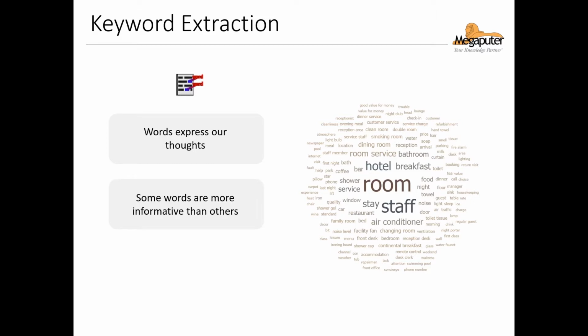And while the linguistic structure of a language dictates certain words may be more prevalent in the text, the fact is, some words are more informative than others, especially when it comes to capturing the overall themes. And we also know that determining which words are informative often depends on the context. So this is where keyword extraction becomes very useful.